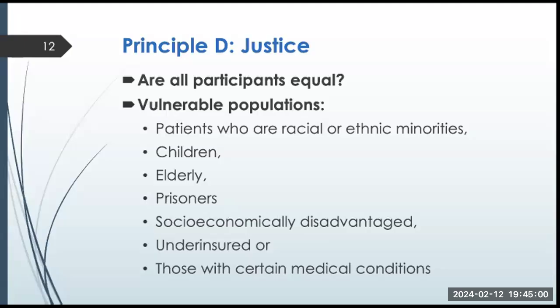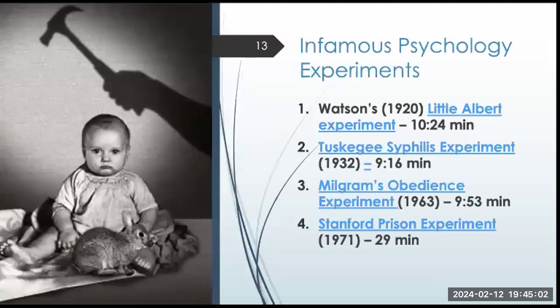And finally, these are the psychology experiments that you are going to be responsible for knowing. In the discussion, you only have to pick one, but you have to actually know the details about all of them. I'm going to post these slides in our Canvas shell. There are links to videos: the Little Albert experiment, the Tuskegee syphilis experiment, Milgram's obedience experiment, and the Stanford prison experiment.